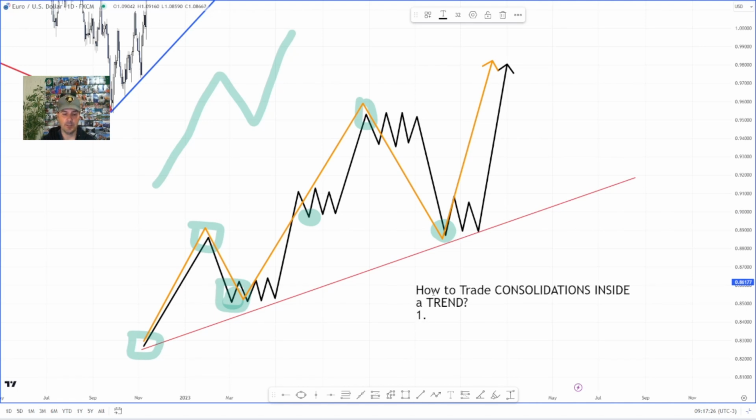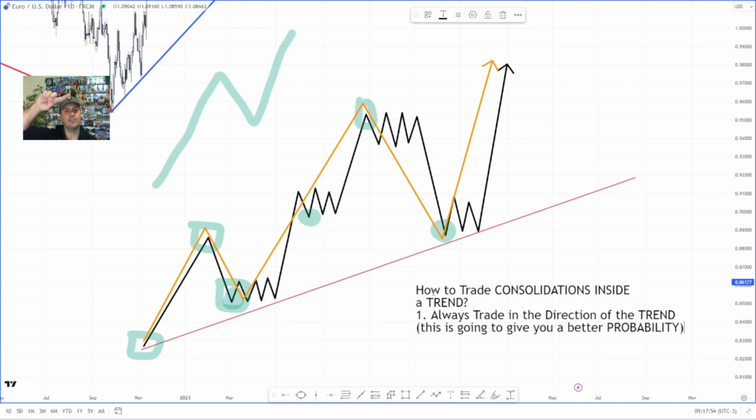So number one, always trade in the direction of the trend. This is going to give you a better probability. Not a guarantee, but a probability, right? Does this make sense to you?